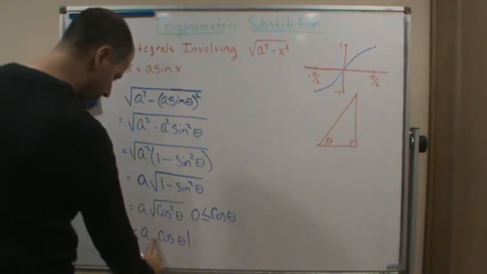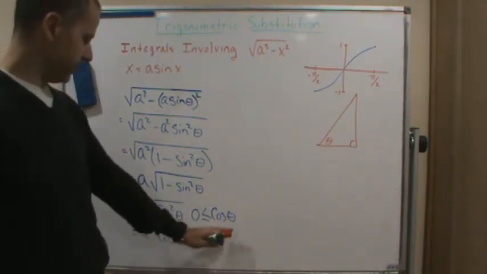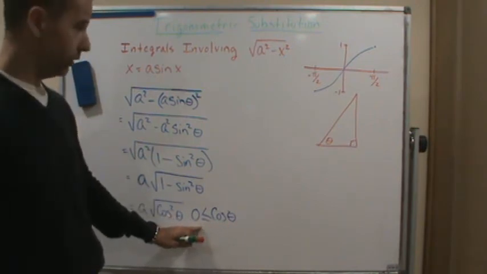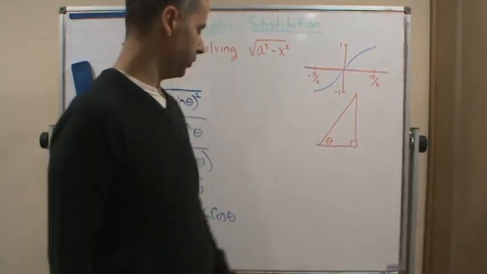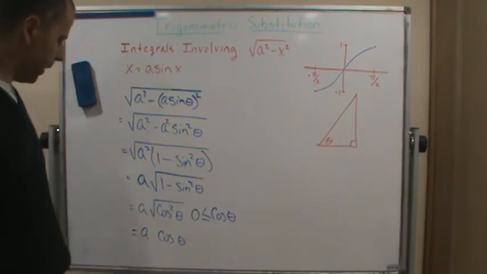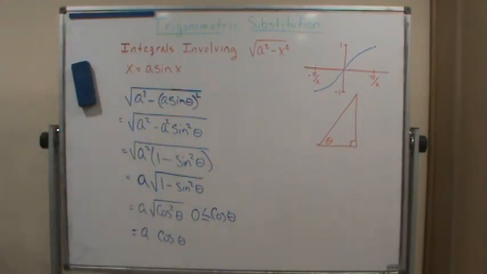Okay, so then we can drop those because, like I said, cosine theta is non-negative on the same interval from negative pi over 2 to positive pi over 2. And so we can drop the absolute value and we end up with this result, which is the same result that we got before in the example in the last video.